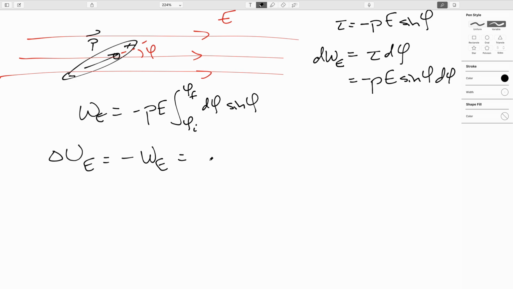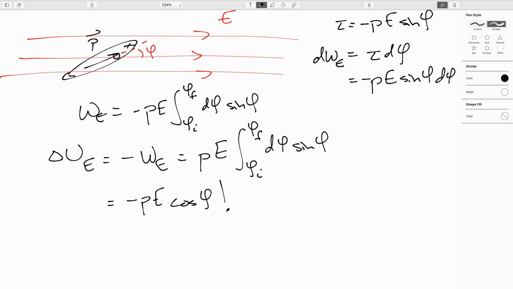So we get to drop that minus sign, and we are left with PE integral phi initial to phi final d phi sine phi. And the integral of sine is minus the cosine. So we will get minus PE cosine phi evaluated from phi initial to phi final.